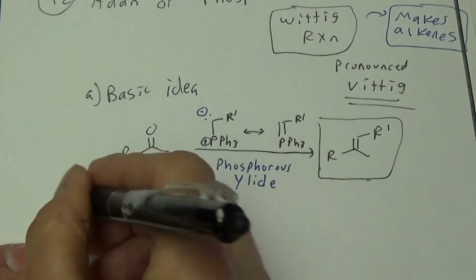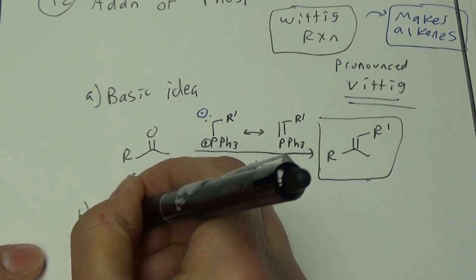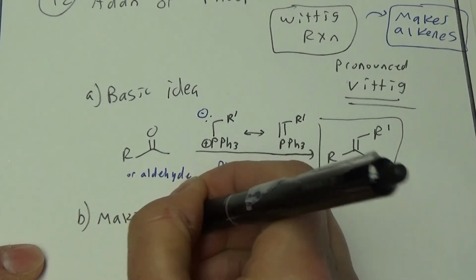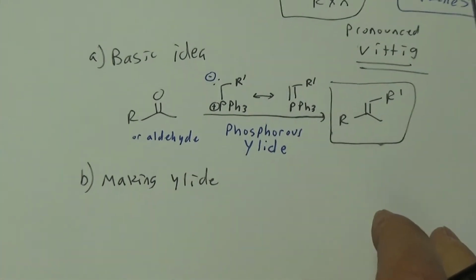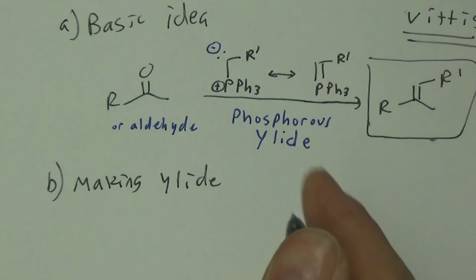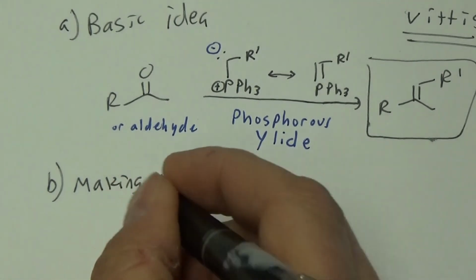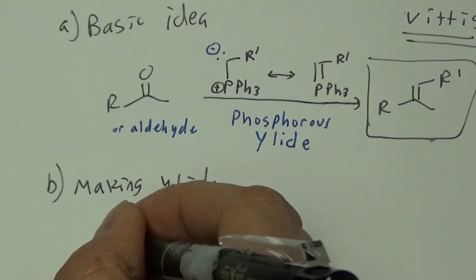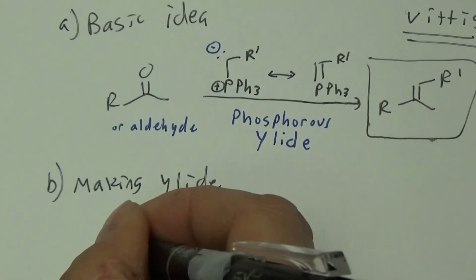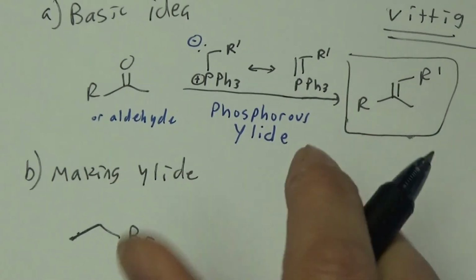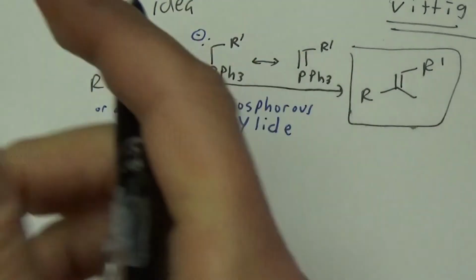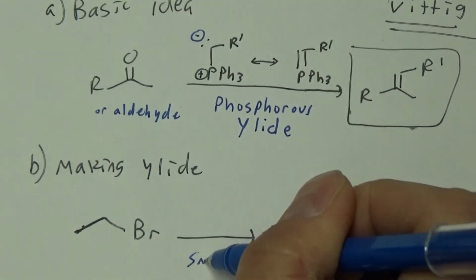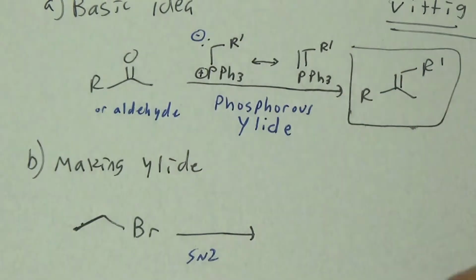All right, so first question: how do you make the ylide? It's actually pretty easy. If I'm making an ethyl ylide, the way you do it is you first do an SN2 reaction. Very simple SN2. Go back to chapter 6 or 7, whatever it was.